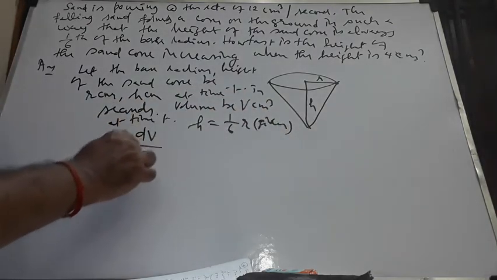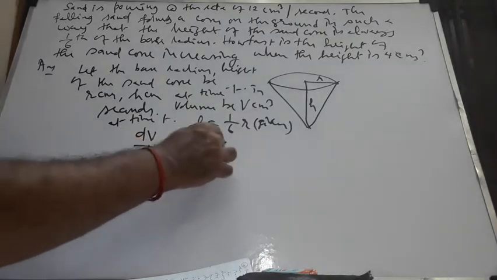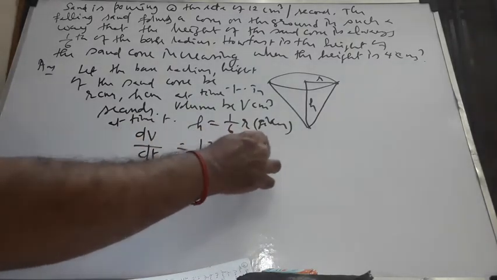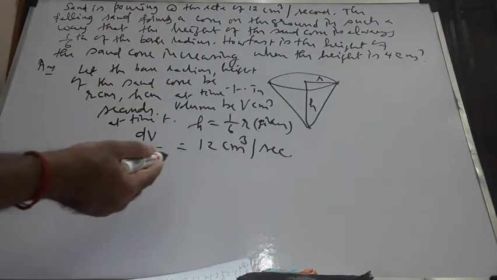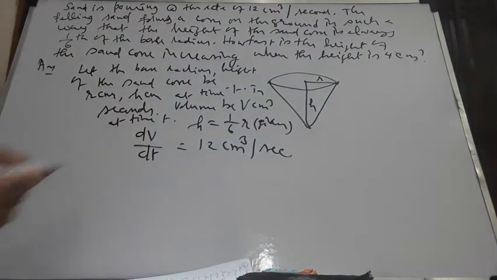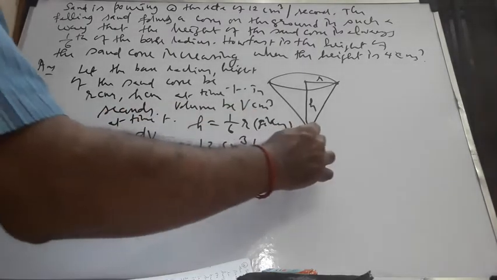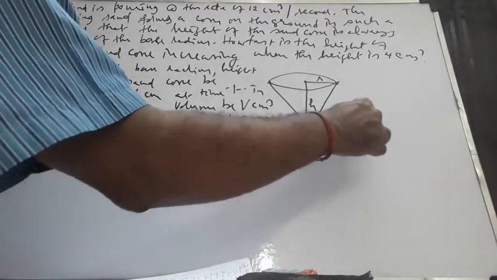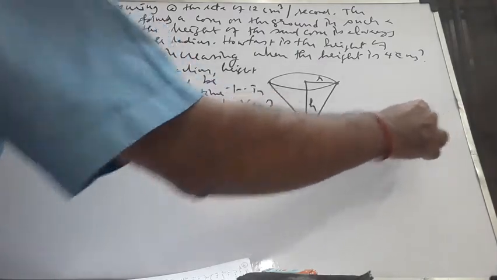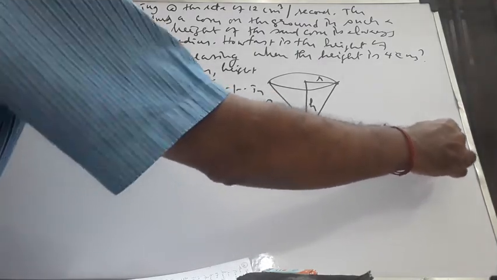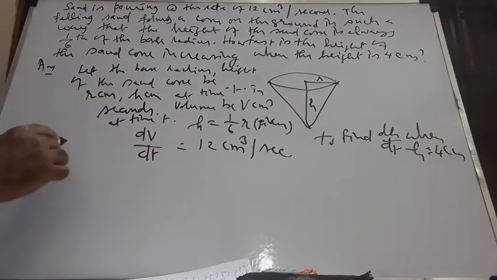Now dV by dt is 12 centimeter cube per second. Every second the volume of the sand is increasing at the rate of 12 centimeter cube. That's the meaning. Now to find dh by dt when h is equal to 4 centimeters, that's what I should do.